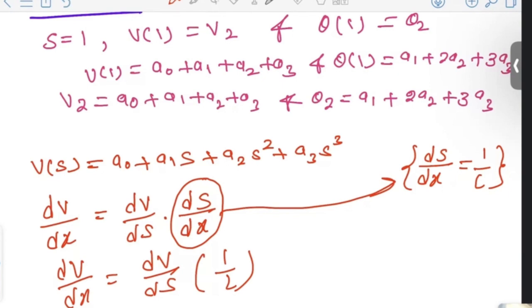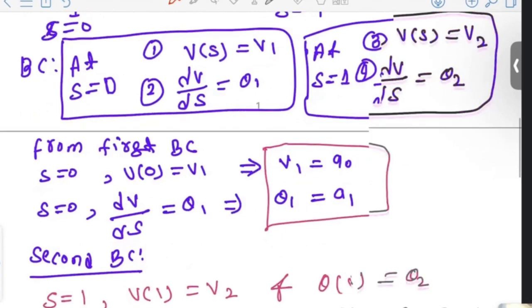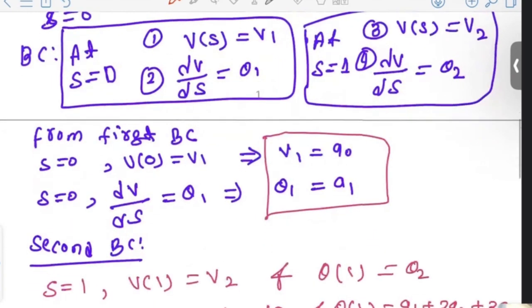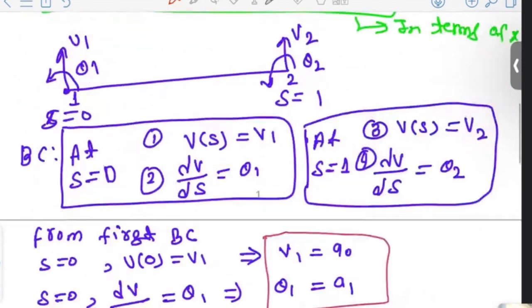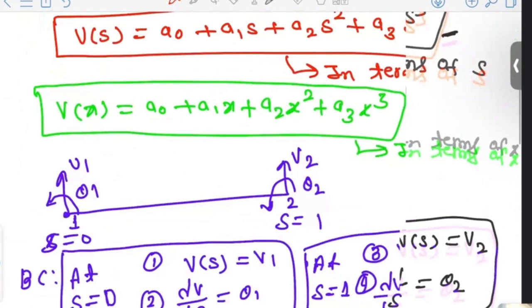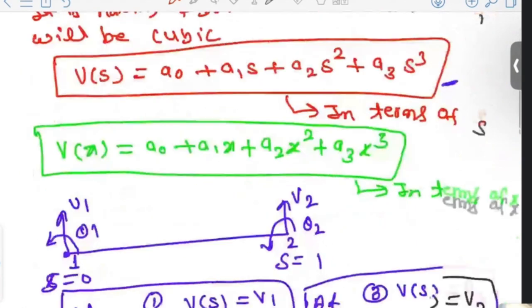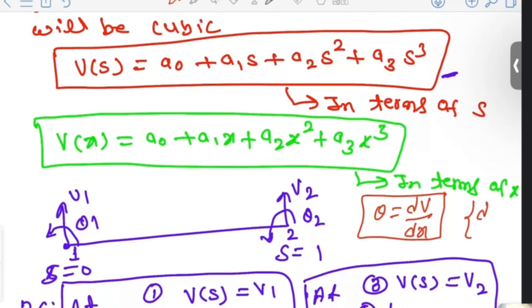So we missed the boundary condition here. Theta is equal to dv by dx, not dv by ds, because we are talking about this x coordinate.